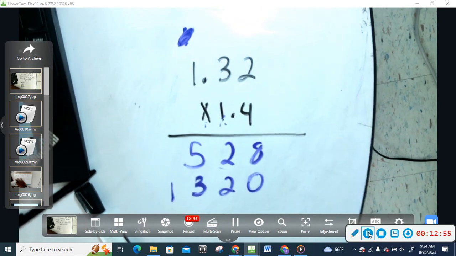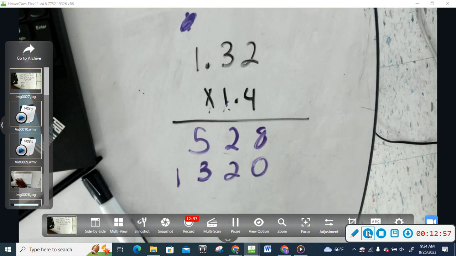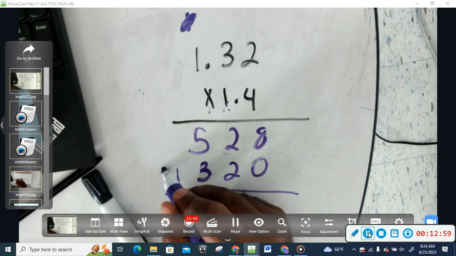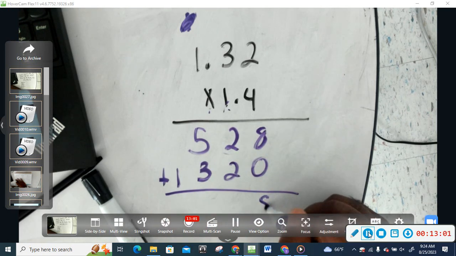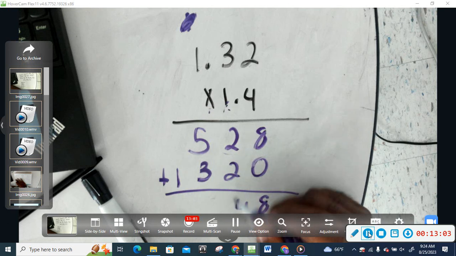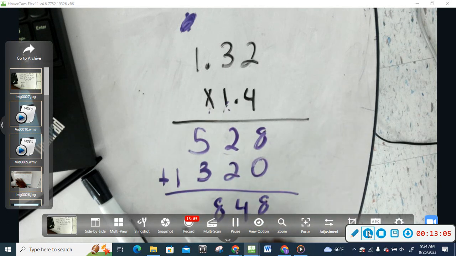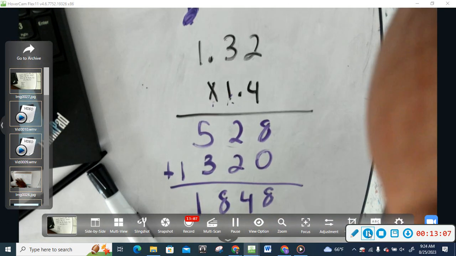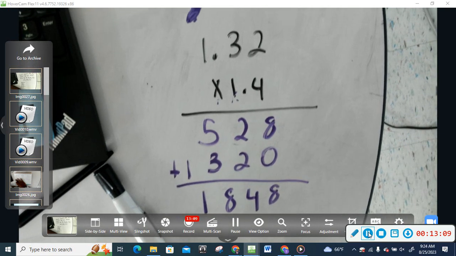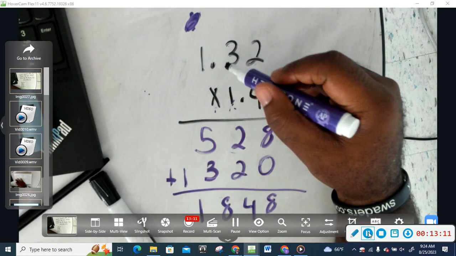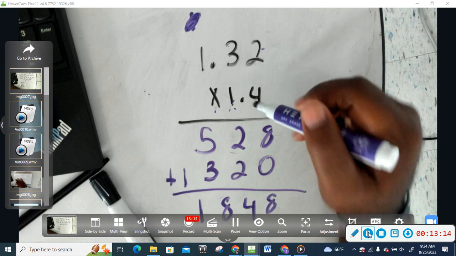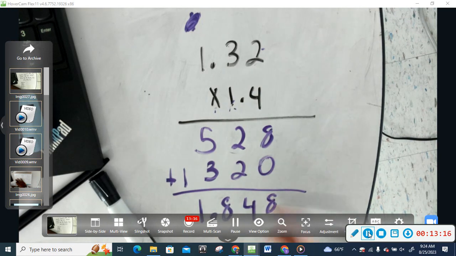All right. So now I can add. Boom. So I got 8, 4, 8, and then 1. And then we got 3 numbers behind the decimal. Everybody was good on that. 1, 2, 3 numbers behind the decimal. Boom. Decimal goes there.